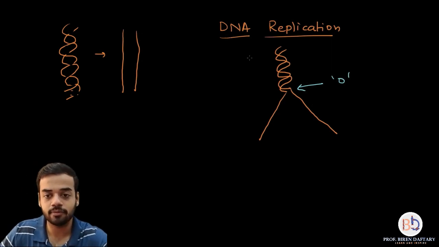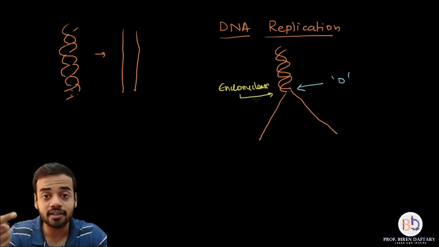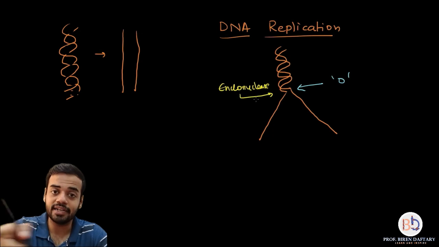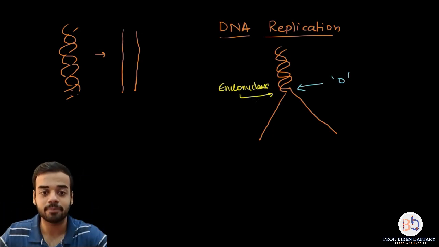The name of the enzyme was endonuclease. So endonuclease cut the DNA in one of the strands. Why did it cut? Because helicase can enter through that cut inside the DNA. Once the helicase enters, again that gap is sealed.